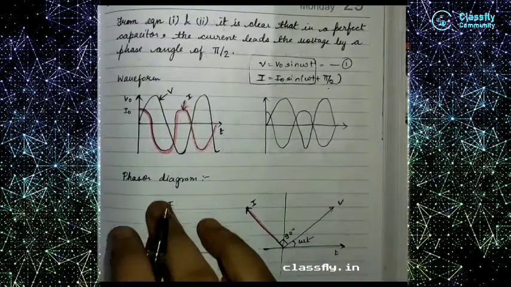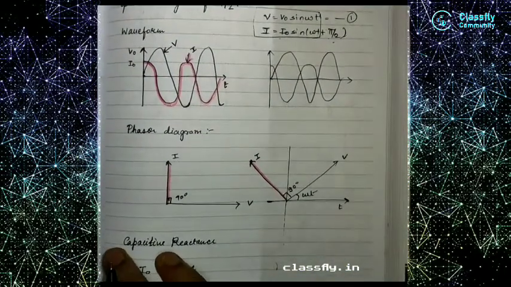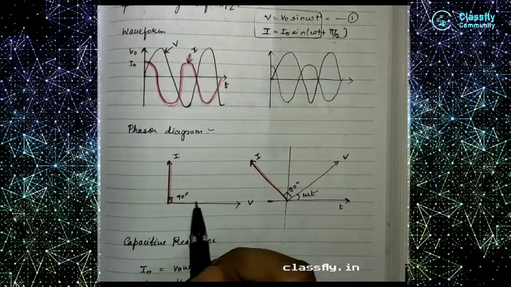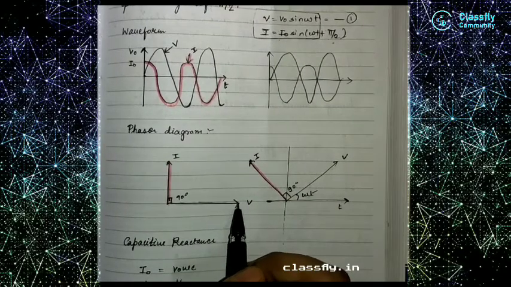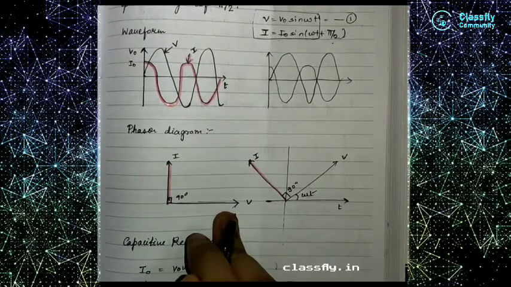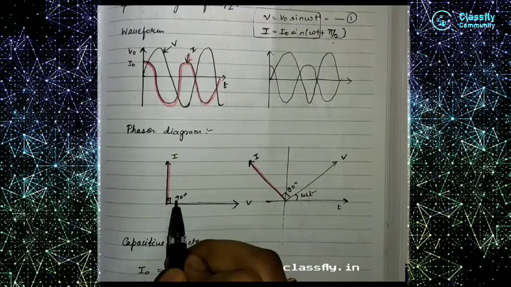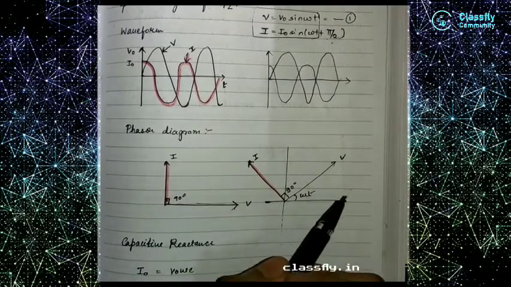Whenever you draw the phasor diagram for this, it says that this is the voltage, and as we know the current will be leading by 90 degrees, so our I is leading by 90 degrees.